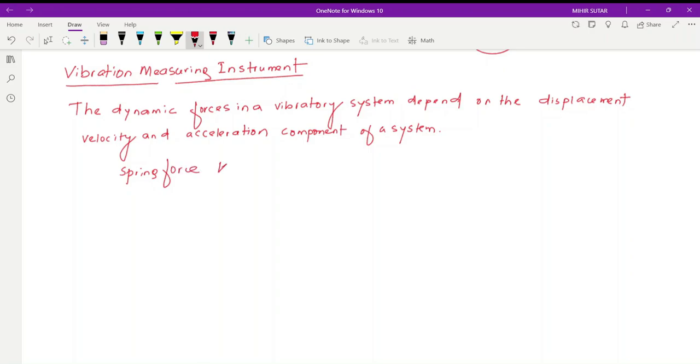As you know, the spring force, which we describe mathematically as kx, is proportional to the displacement, because that x part is to be there.